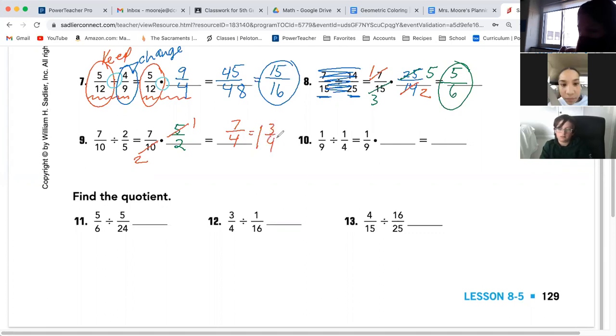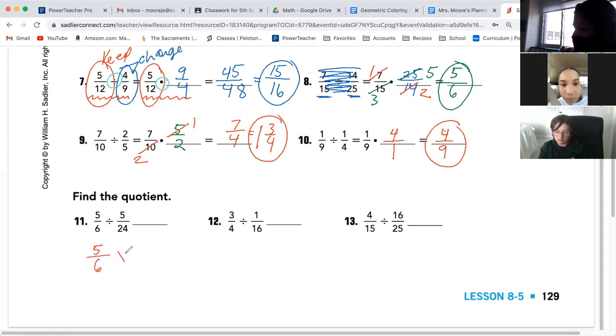How'd you do on number 9? How'd you do on number 10? Notice they stopped rewriting it for you. Now you have to rewrite it.